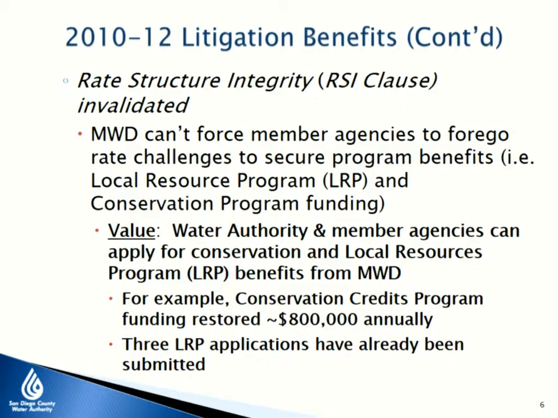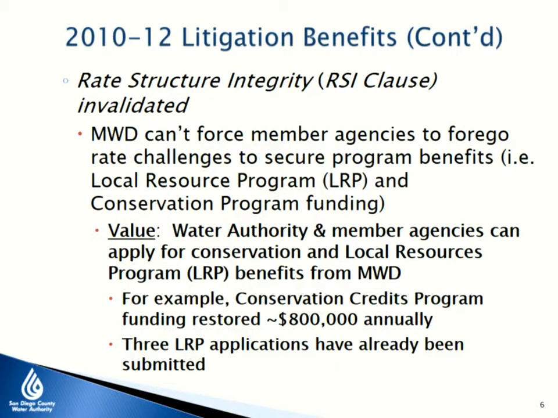We said that was unlawful. Met said no, it's lawful. And in fact, there's documents that show that Met did it purposefully to chill the Water Authority doing anything. And we went to court, and the courts found that Metropolitan had indeed violated the state constitution in imposing this kind of clause on member agencies.